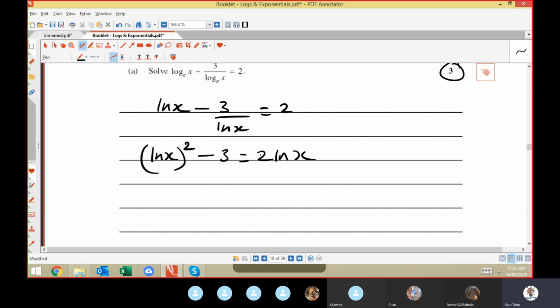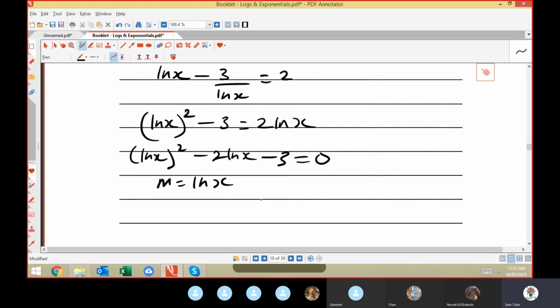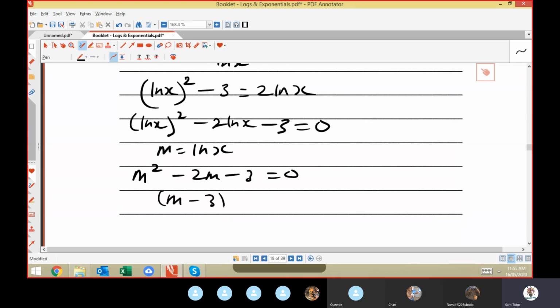I know I don't want this on this side, so I'll bring it over. Now this looks like a quadratic with m equaling log x this time. The reason I've got to do that is because I've got the squared term here. And then you just do everything the same, right? M squared, take away 2m, take away 3, and then m take away 3, everything you know.